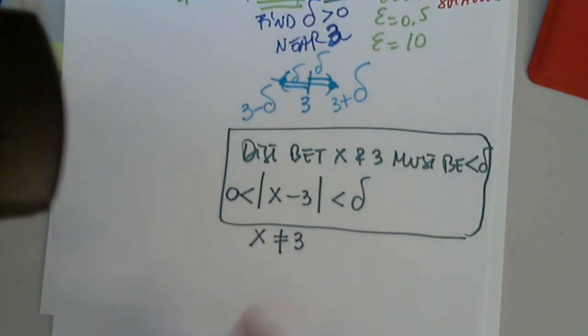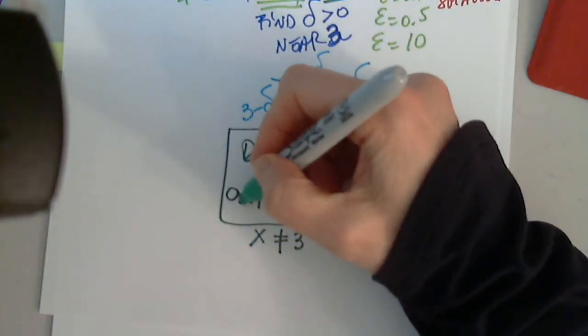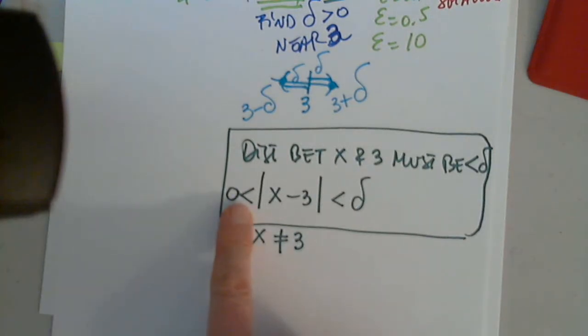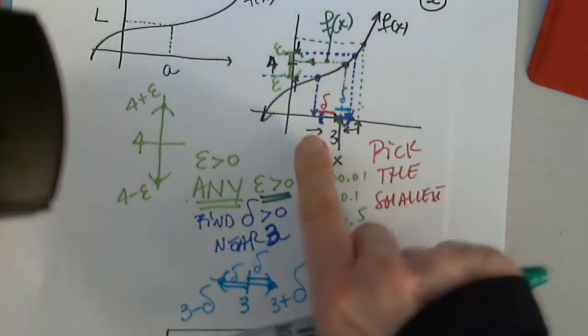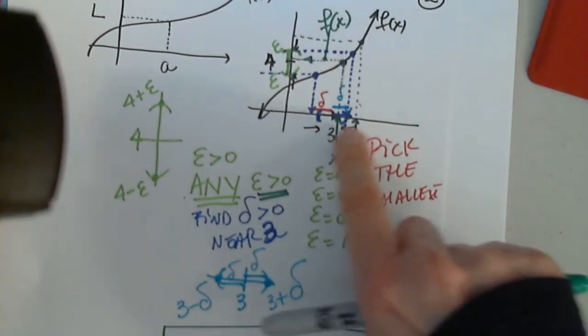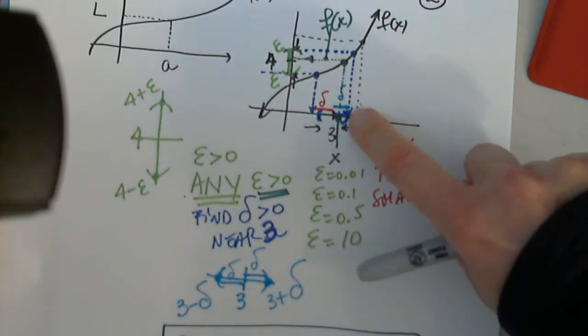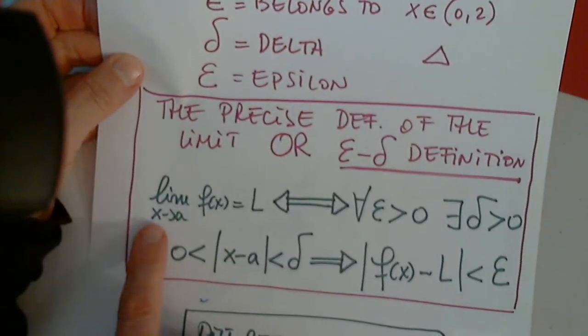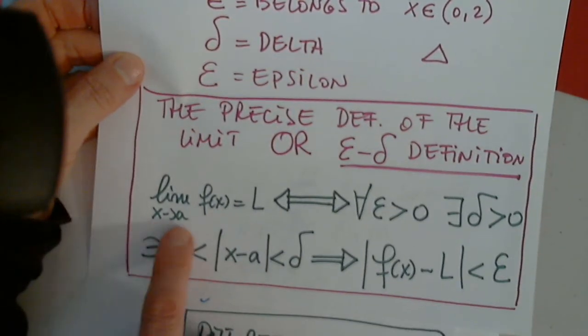And you can say, but we know that the absolute value is always positive. But what is missing here is the equal symbol. So this is specifically telling us you cannot pick x equals 3. You can pick anything you want between 3 minus delta, of course, and 3 plus delta, but you cannot pick 3. And we know that. How come I cannot pick 3? Because when x approaches 3, we cannot pick 3.